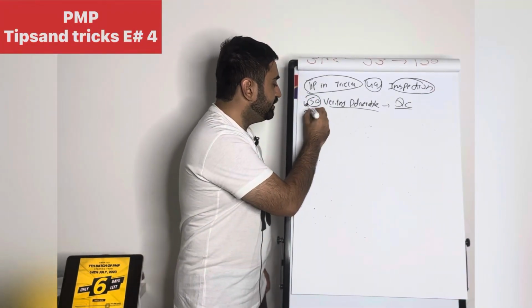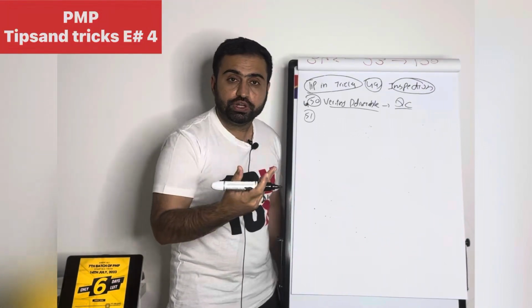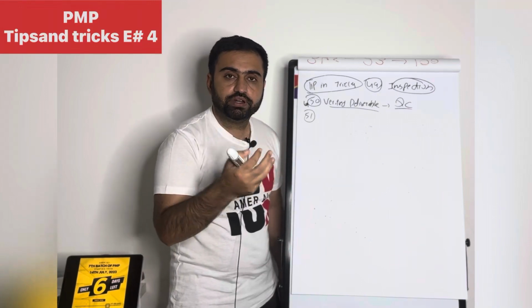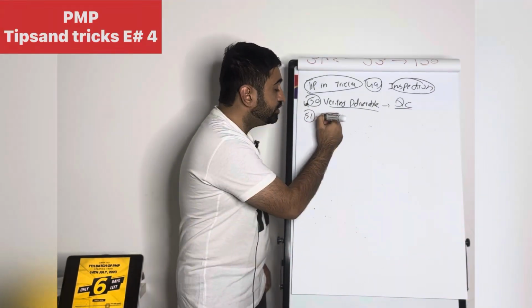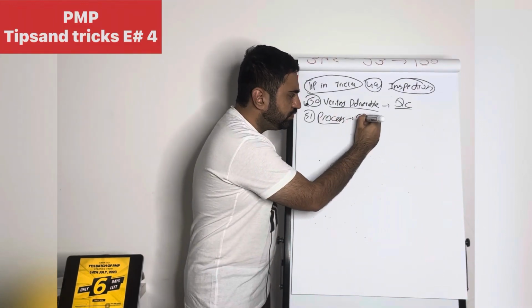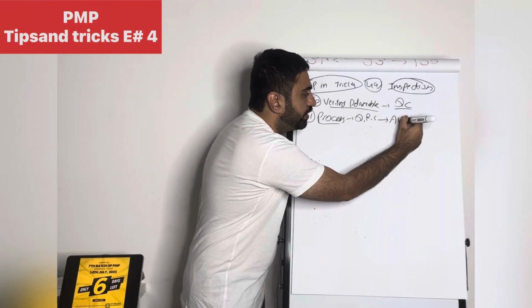Whenever the question says that you want to check whether the process is being followed, okay, now this can be for quality, risk, procurement, whether the process has been followed or not. It is used for quality, risk or procurement. You will do an audit.